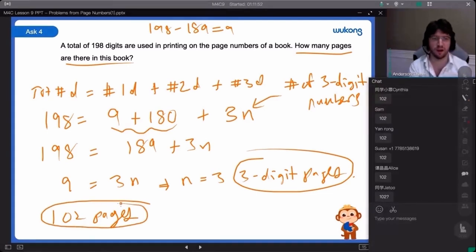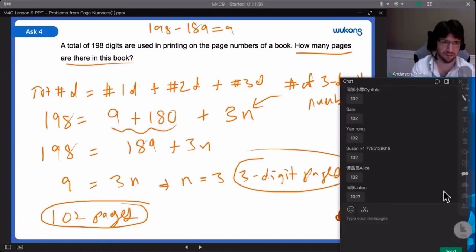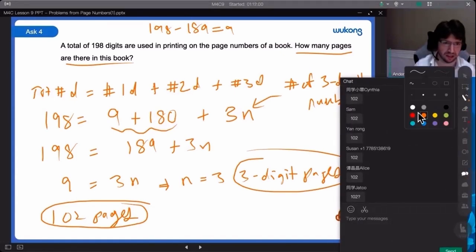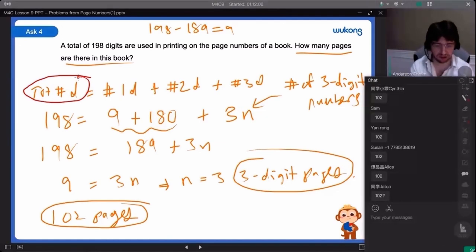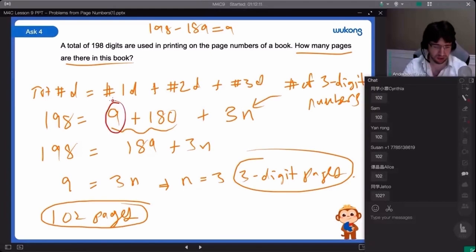All right, very good. Let's review quickly what we just did. The total number of digits is the total from the one-digit pages, which are 9. There are 9 of those, and they each give 1 digit. Plus the total from the two-digit pages, from 10 to 99, which is 180 digits.